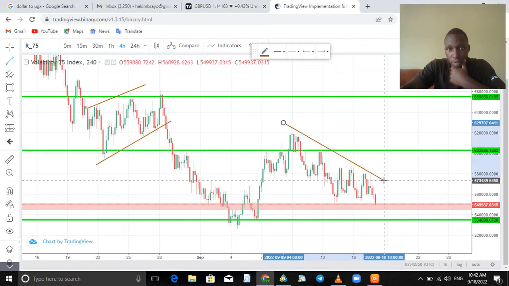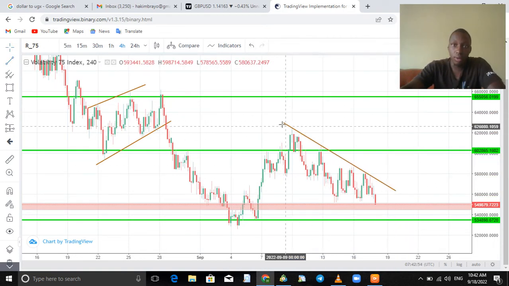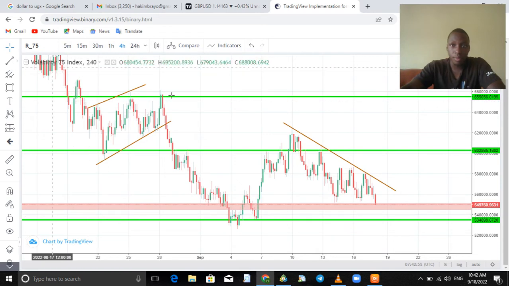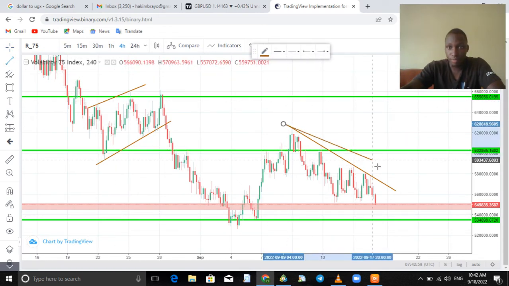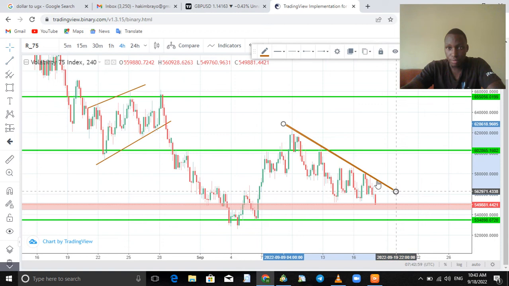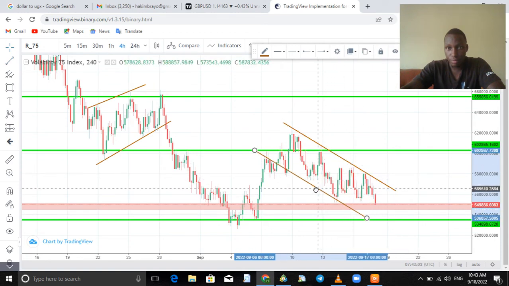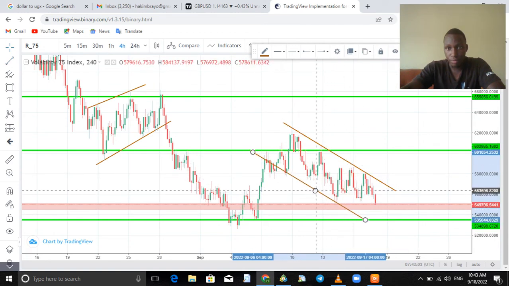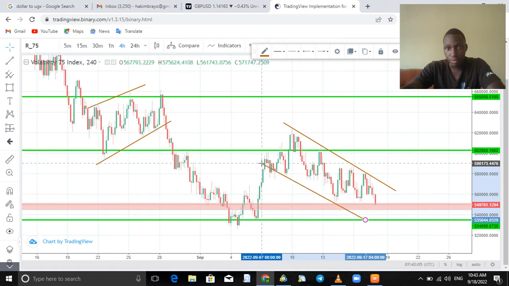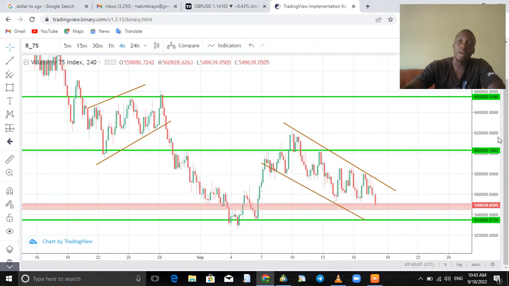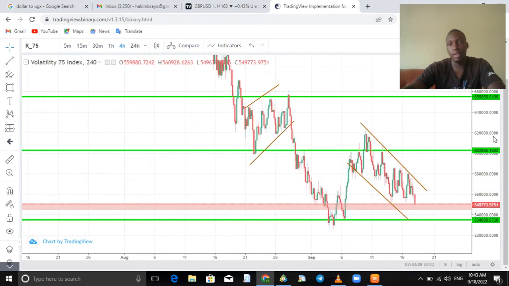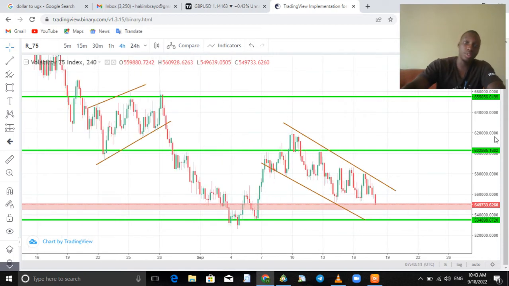Now if you try connecting these recent lower highs and lower lows, you can see we have something like a falling wedge or channel.